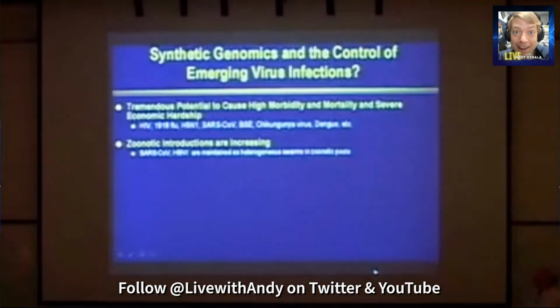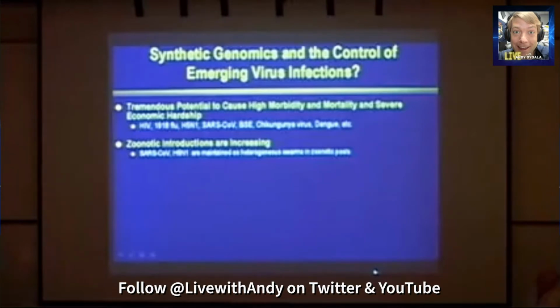Now, I'm going to talk about synthetic genomics in the context of a platform to control emerging infectious diseases. If you think about emerging viruses, they have tremendous potential to cause high morbidity and mortality and severe economic hardship. Good examples are HIV, the 1918 flu, SARS coronavirus, H5N1, and chikungunya virus, probably most recently.